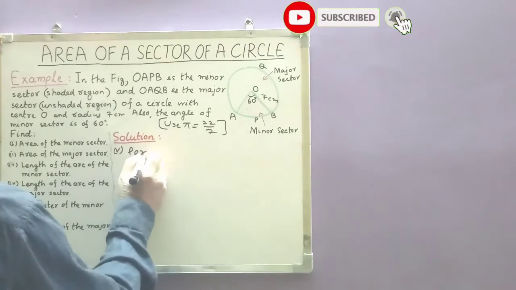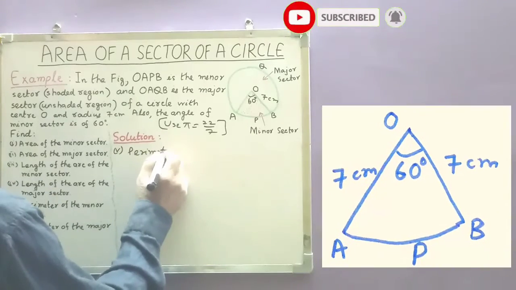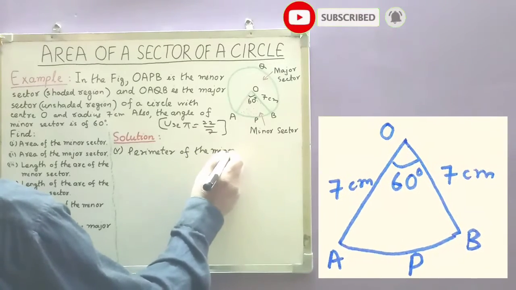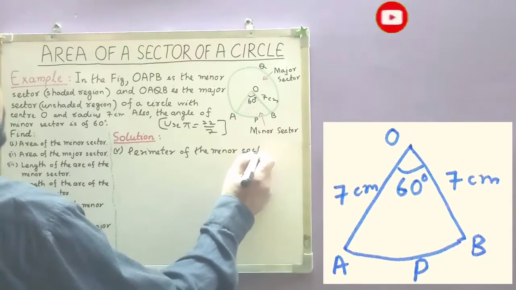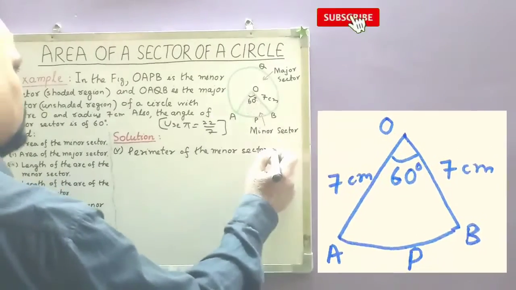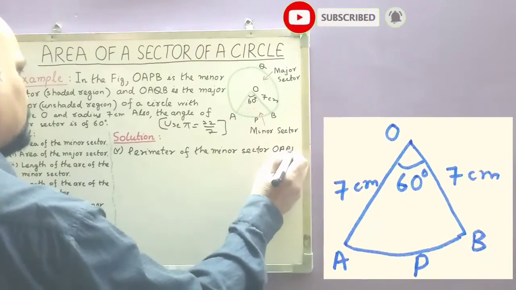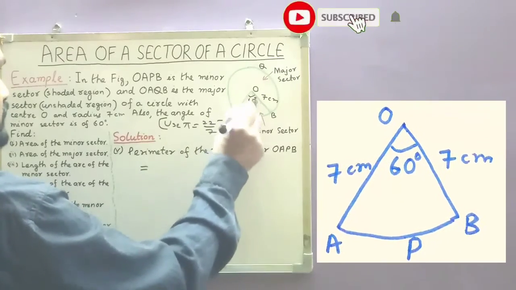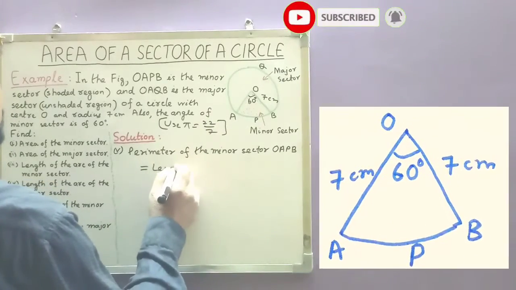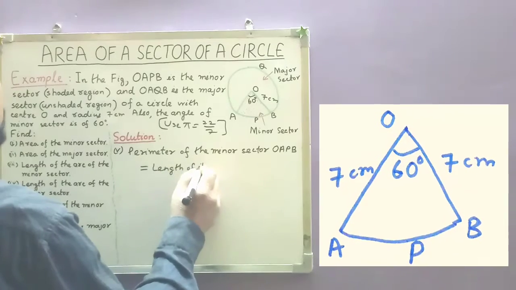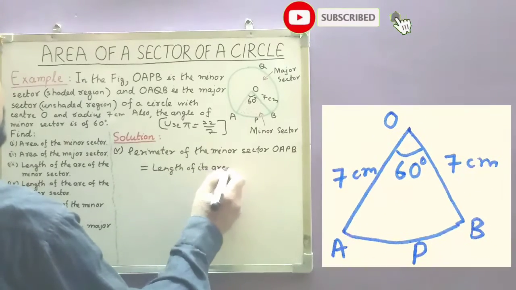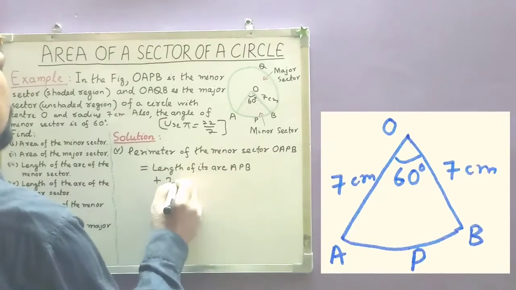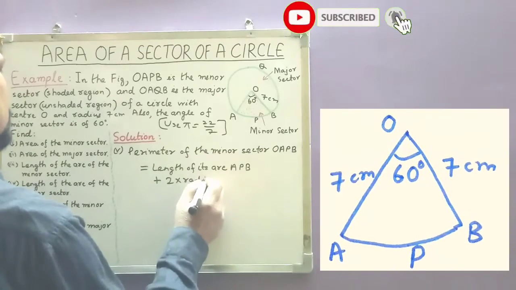Fifth part of the question, perimeter of the minor sector OAPB of the circle equals length of its arc APB plus 2 into radius of the circle.